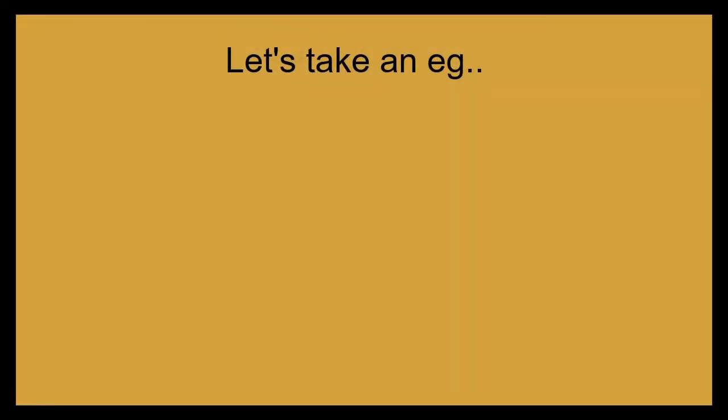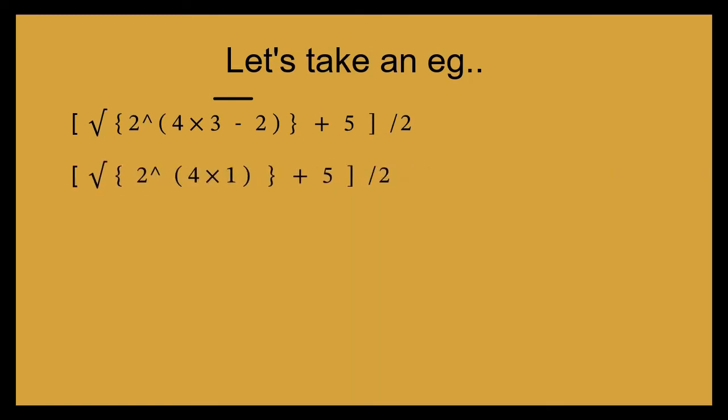Before we conclude, let's take an example. Firstly, we solved the vernacular bar. 3 minus 2 equal to 1. Next, we multiply 4 into 1 inside the curved bar to get 4. Next step, we raise the power of 2 by 4 to get 16, which is enclosed by the curly bracket.